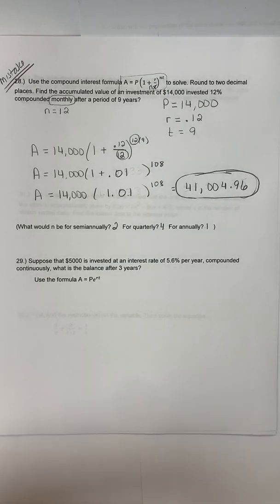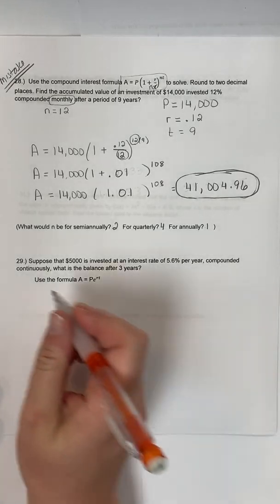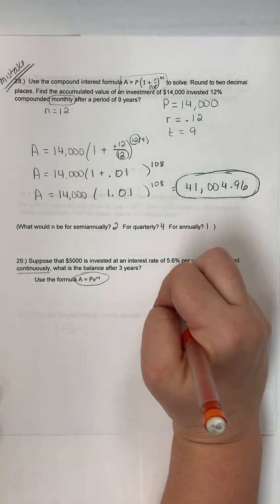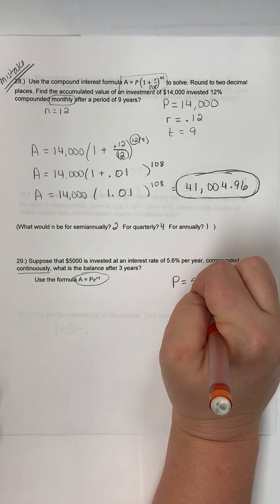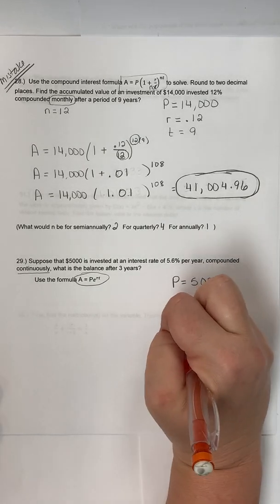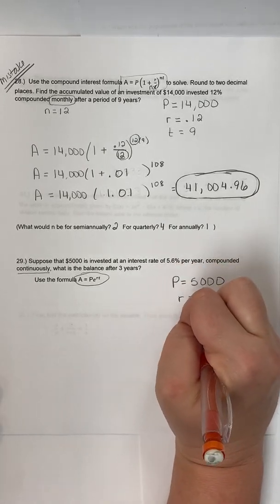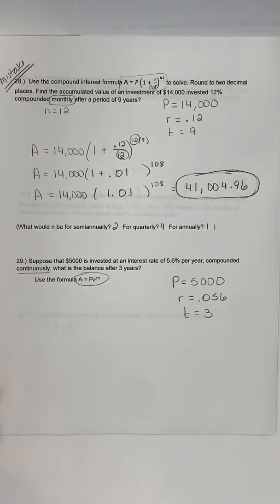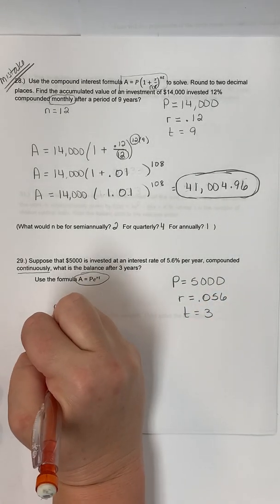All right, now, if it tells you it's compounded continuously, this is your formula. We don't even have an N. Your P is 5,000. Your rate divided by 100 is 0.056. And your T is 3. Okay, plug that in.